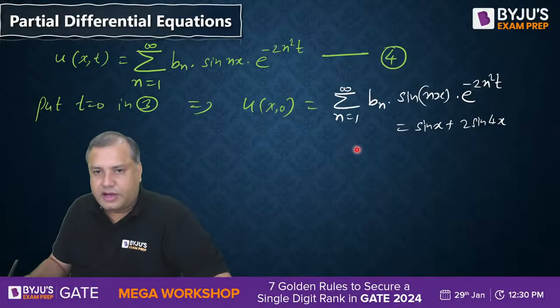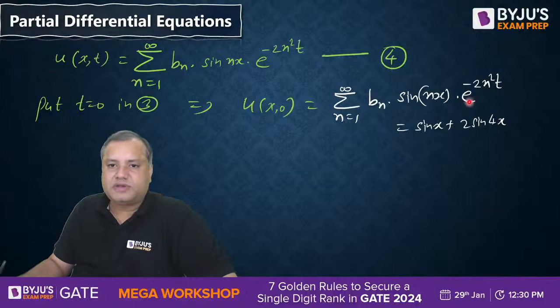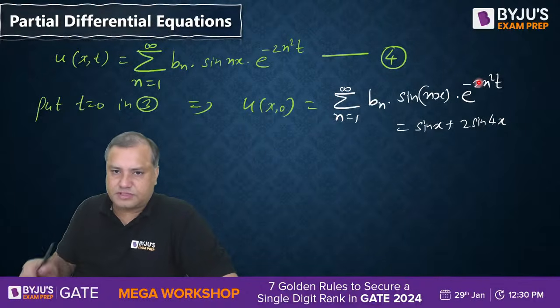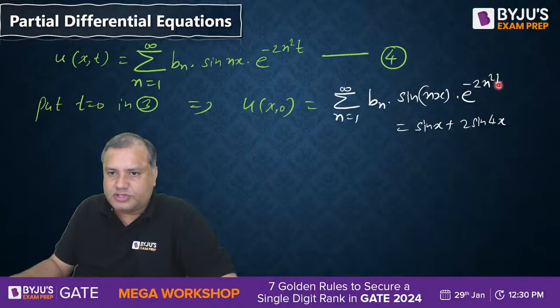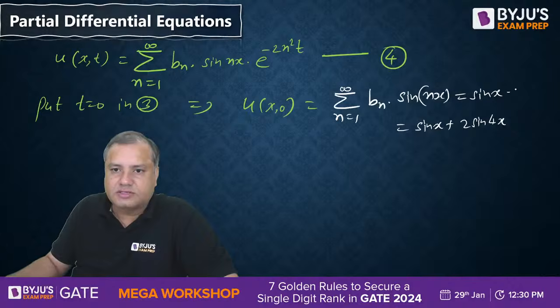Comfortable? It means this left hand side summation should be split into two terms. You substituted t equal to 0, so e raised to 0 is 1, and right hand side is sin x plus 2 sin 4x.